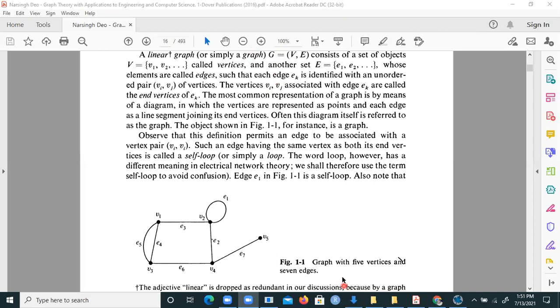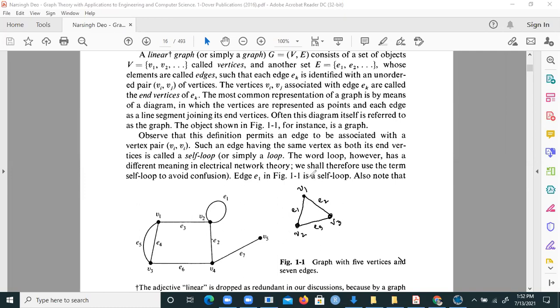And there is a special graph. Say for example, if I consider this triangle, for instance, this is one of many examples. I'm considering this triangle V1, V2, and V3, and these three edges are considered, E1, E2, E3.